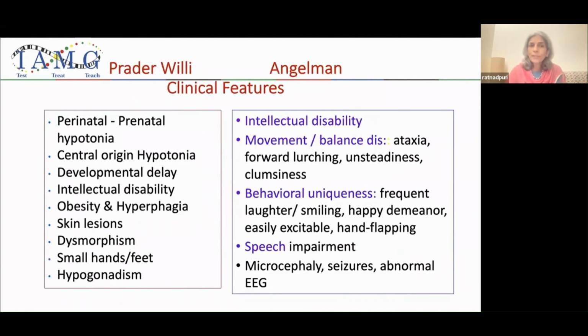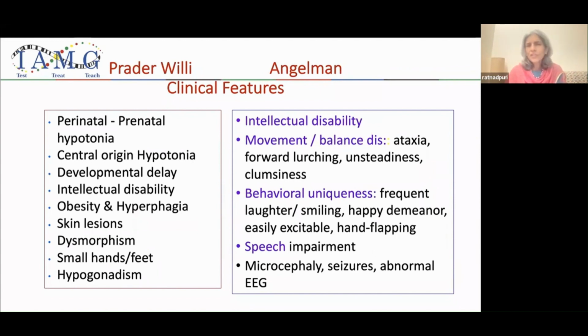So if we compare the clinical features of Prader-Willi and Angelman, you can see that they're very different. If you have a child with Prader-Willi, they will have perinatal or prenatal onset hypotonia. It's a central origin hypotonia. There's developmental delay and intellectual disability. Initially, they have a lot of feeding problems in the first year of life, but later they develop hyperphagia and morbid obesity.